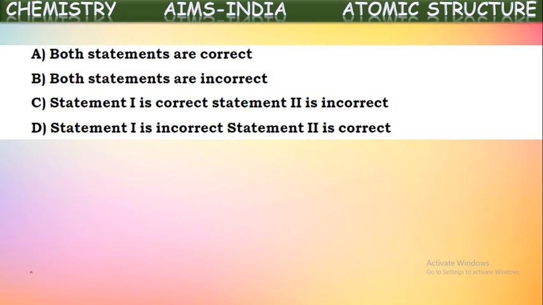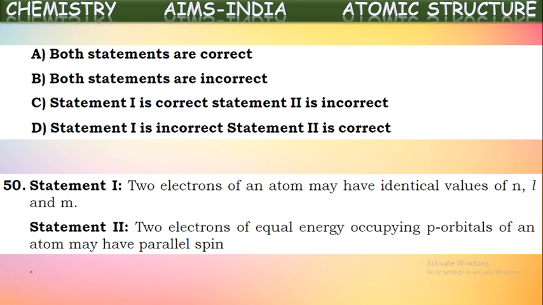Okay. Next question. Two electrons of an atom may have identical values of n, L, and m, isn't it? Yes. Two electrons in an atom may have three quantum number values the same. That may be n, L, and m.